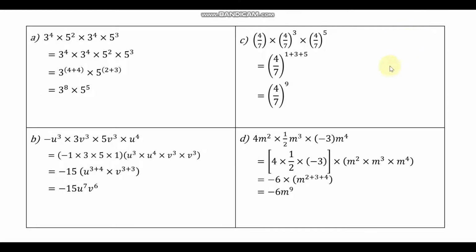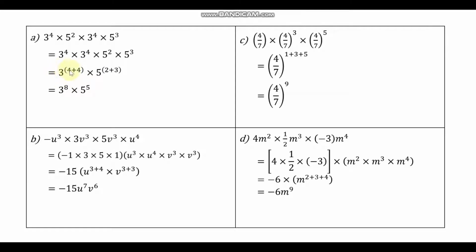Okay, first question we have here is 3 to the power of 4 times 5 to the power of 2 times 3 to the power of 4 times 5 to the power of 3. First step, we have to rearrange the number according to the same base. So start from the base of 3 first, followed by base of 5. After we arrange the number, we can start to plus the value of index together.